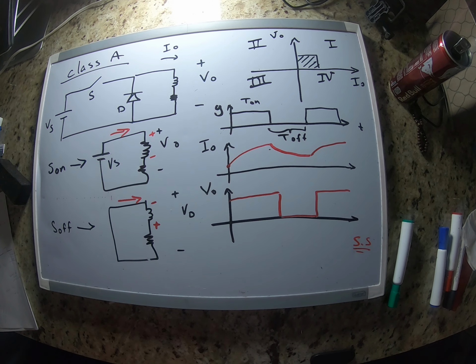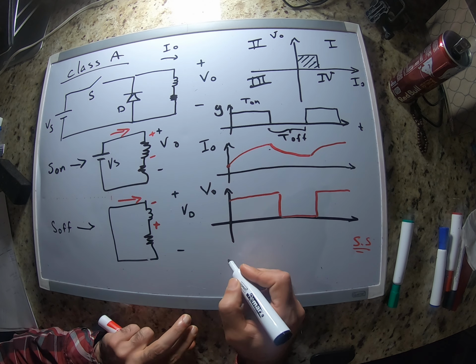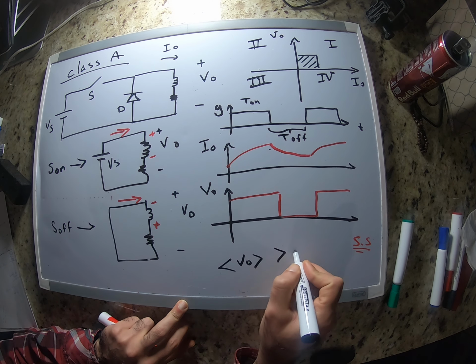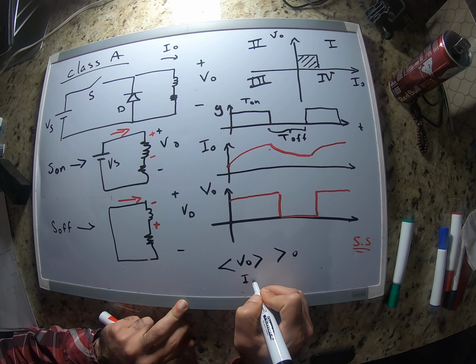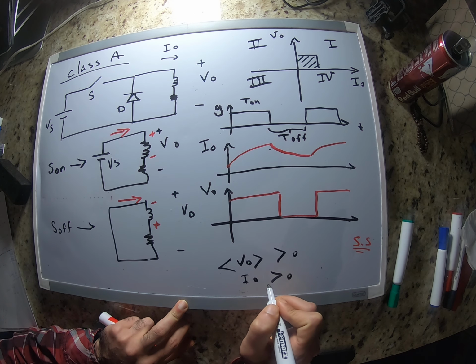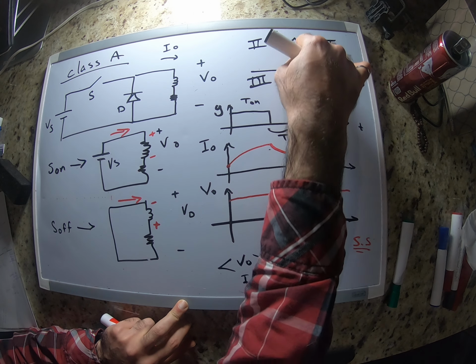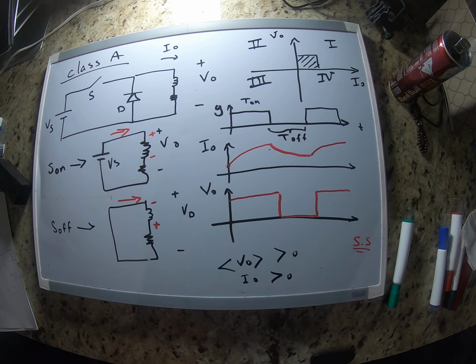As simple as that. So this is basically the operation of class A chopper. You can see here that the average voltage is always positive, and our current is also always positive, right? So that's why we say that this is a first quadrant chopper.